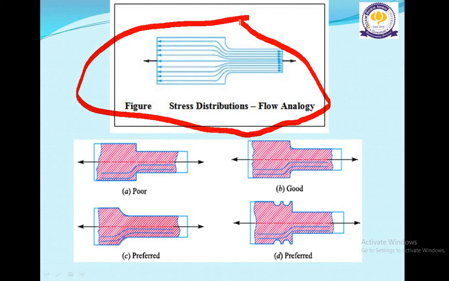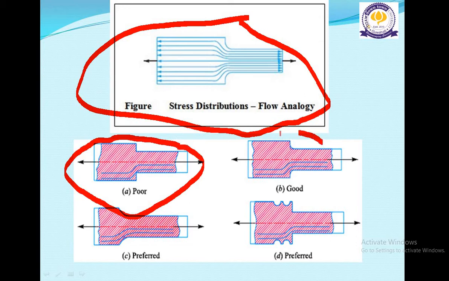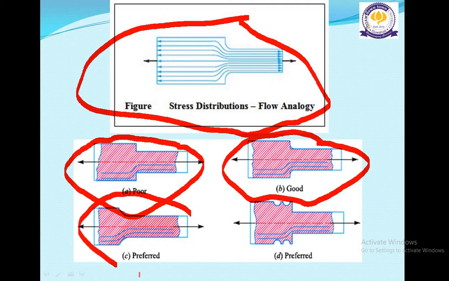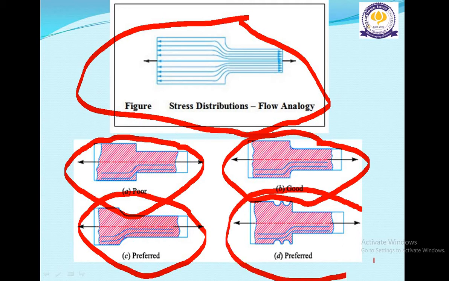In figure A it is the poor form, figure B is the good form, figure C is the preferred form, and D is another preferred form.